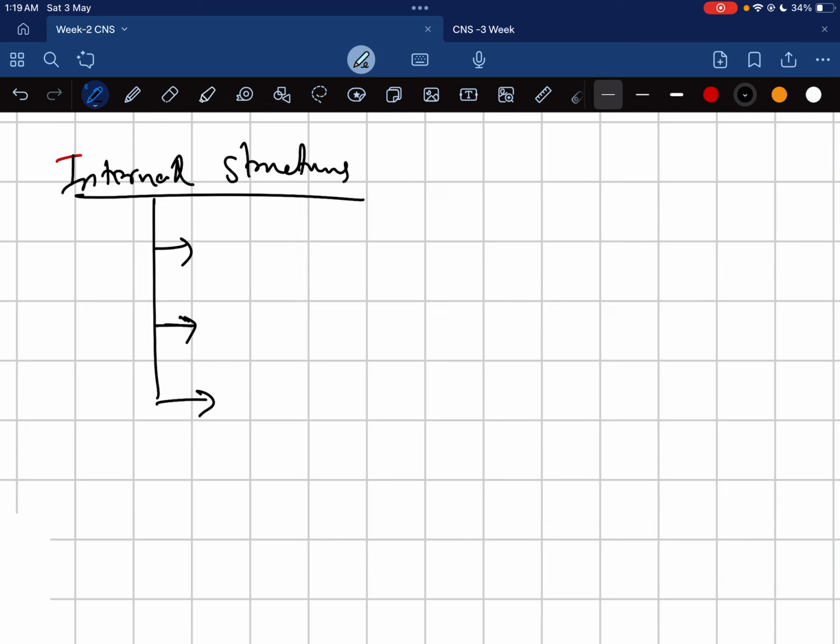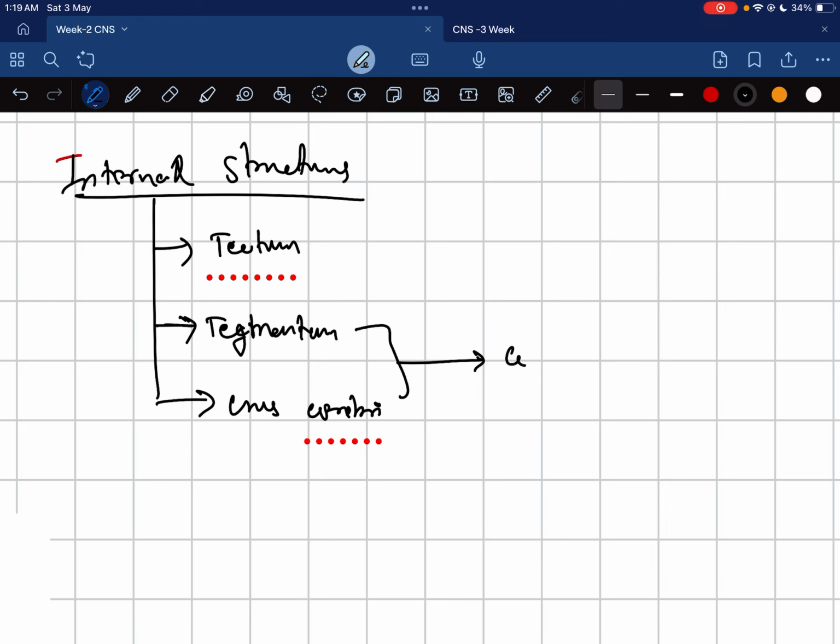These are the tectum, then the tegmentum, then the crus cerebri, or cerebral. The tegmentum and the crus cerebri combined are known as the cerebral peduncles.